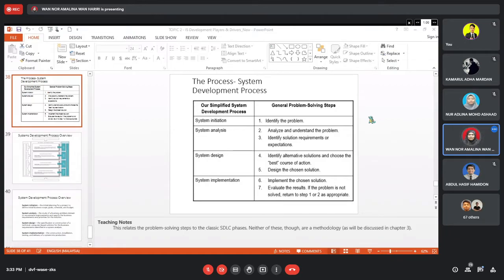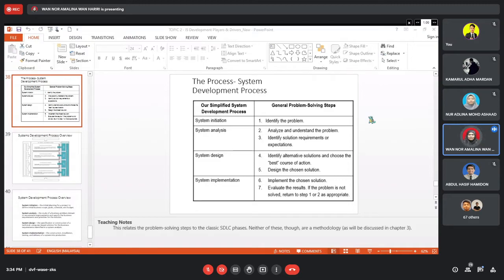So you have to identify a shop that is willing to cooperate with you if you want to come up with a portal for that shop, where not only is there a website but also the consumers or customers are able to purchase products online through a web application. So that's the problem.